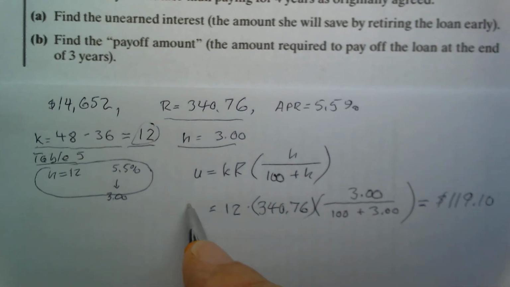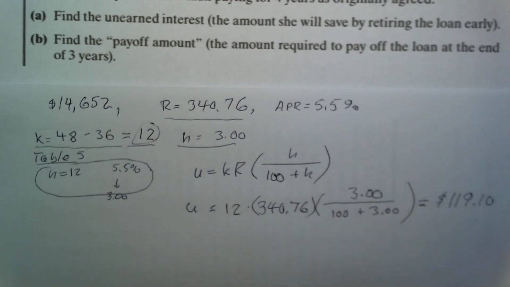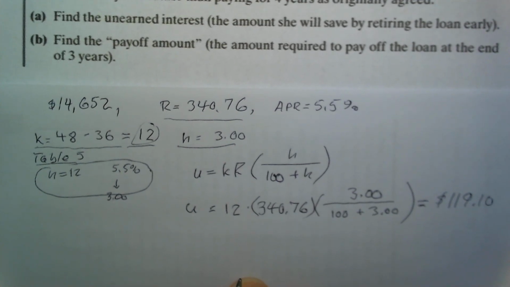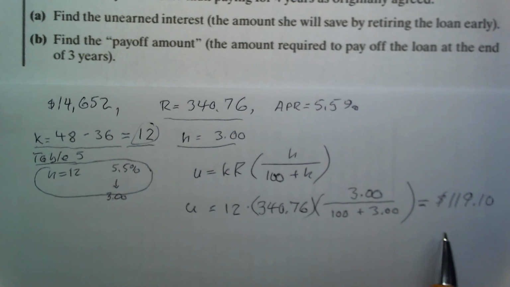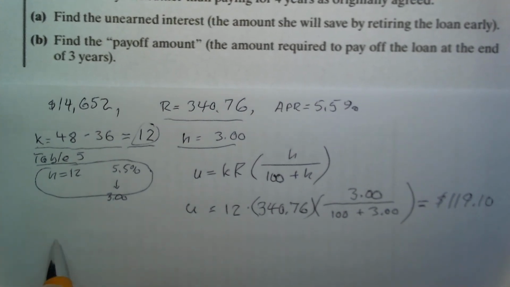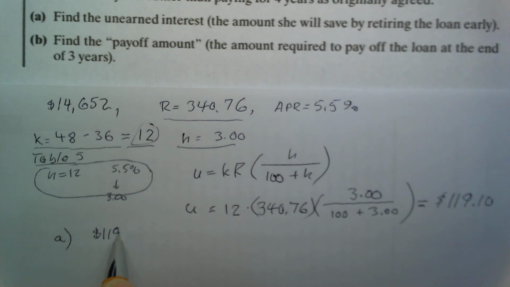That's the amount of unearned interest she'll get for paying off the loan early. That's how much she saves by paying off the loan early. So for A, the answer is 119.10.